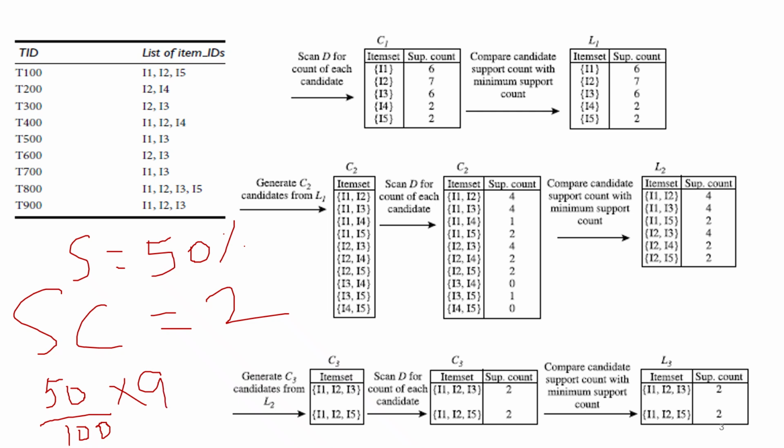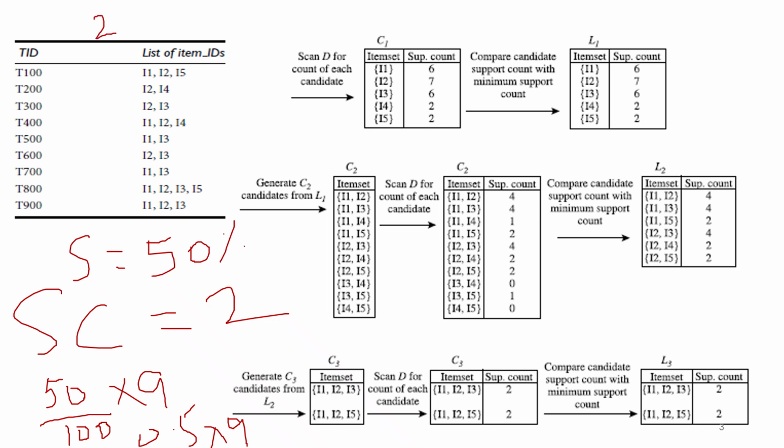So here will come 0.5 into 9. That will act as the support count. Like this, we'll find the support count. Here directly we are going to fix the support count to be 2.